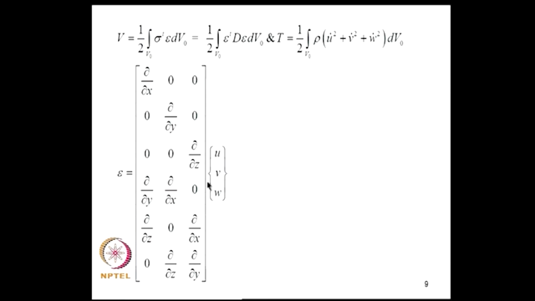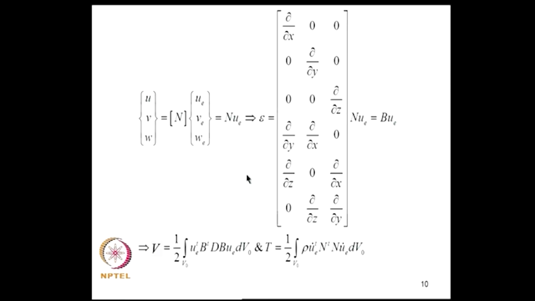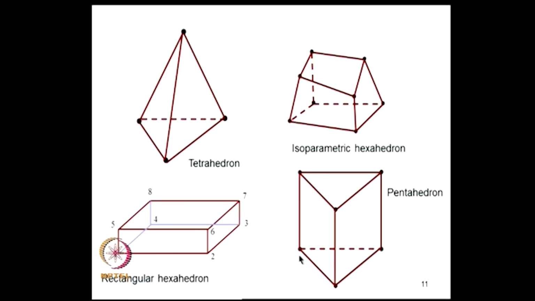This is the strain displacement relation for small deformations, and substituting that we get displacements as N times ue, where ue are the nodal displacements, and consequently epsilon is obtained in this form where B is equal to this matrix times N. So, given that we will have the expressions for strain energy and kinetic energy in terms of assumed displacement fields as given here, and we need to carry out this integration over the volume elements.